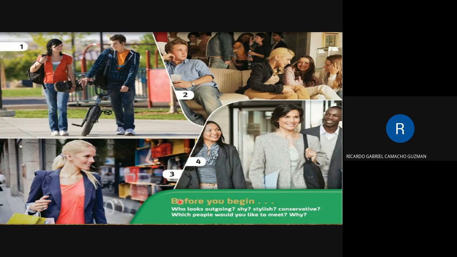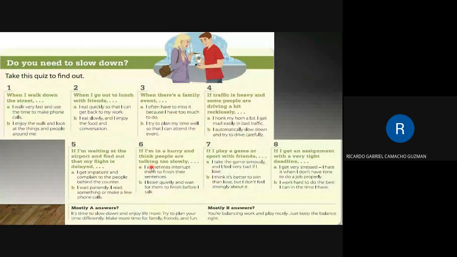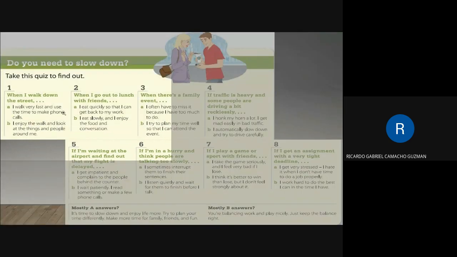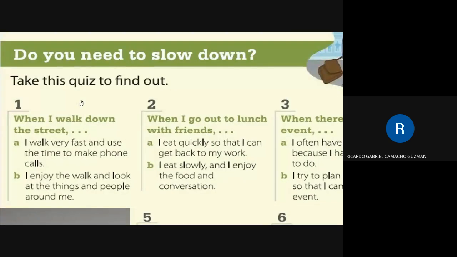We're going to continue now with the next part of the activities, and we're going to start with this part that we have over here. Probably you cannot see it really well, but I am going to zoom in so you can check everything. What we have here says, do you need to slow down? Take this quiz to find out.